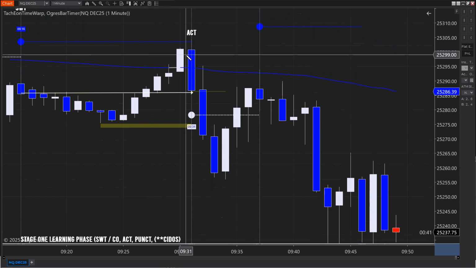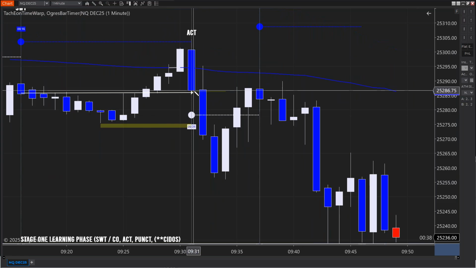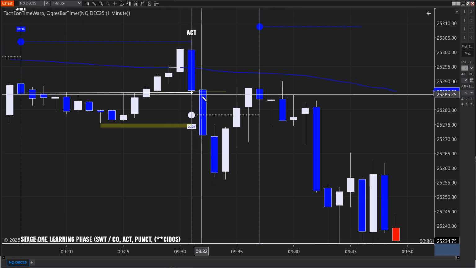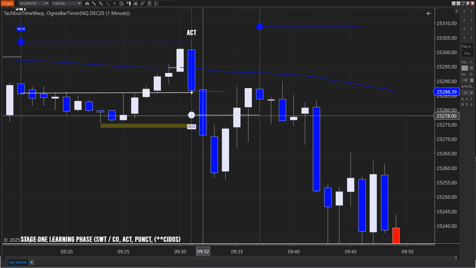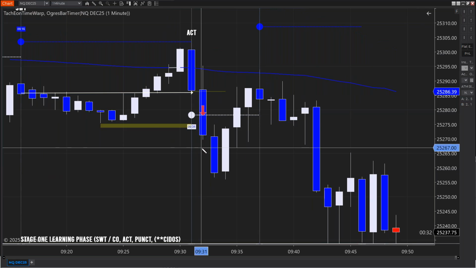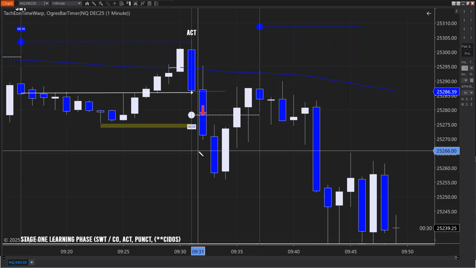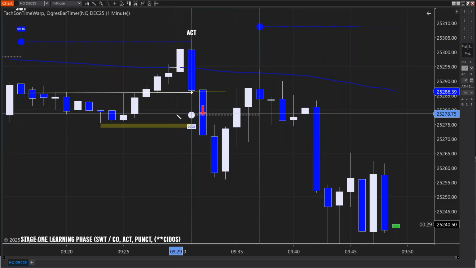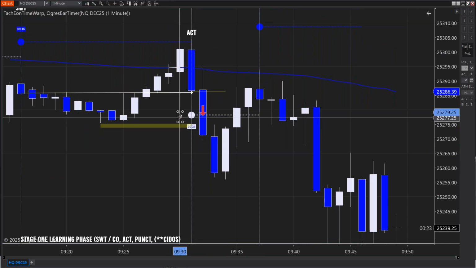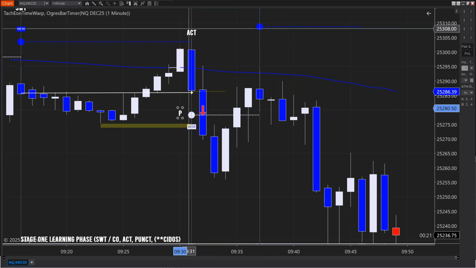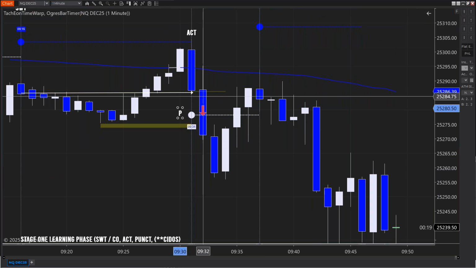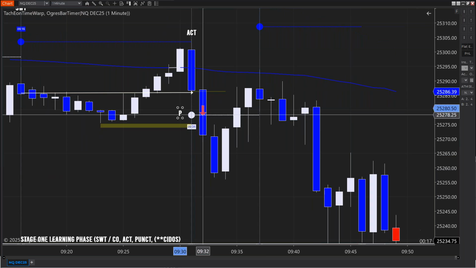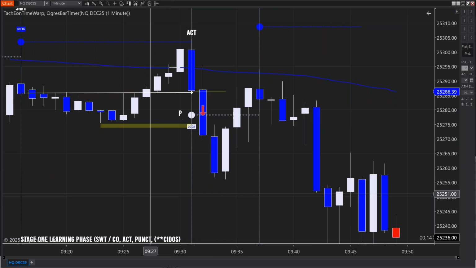Aggressive counter trend trade. In the stopping out of that signal, I have the third variation underneath, which is my puncture trade. And we'll come here and I'll use the letter P to denote puncture trade. An aggressive counter trend trade can, and most of the time will, turn into a puncture trade.